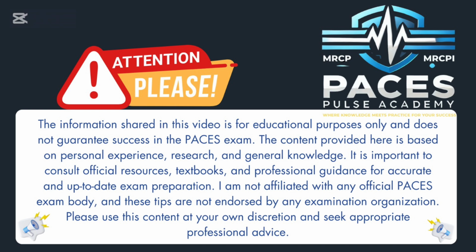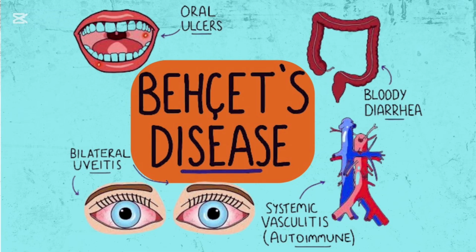How are these patients presenting? Presentation of Behcet syndrome: they can have mucocutaneous lesions like oral ulcers. In our case, she was having recurrent painful oral ulcers, known as aphthous ulcers.